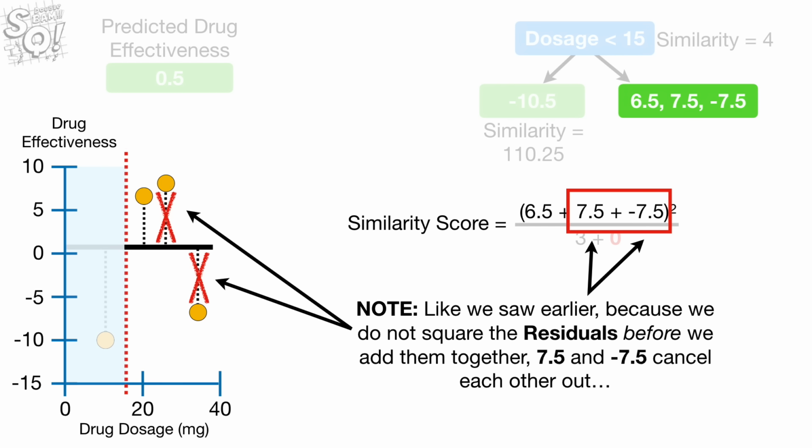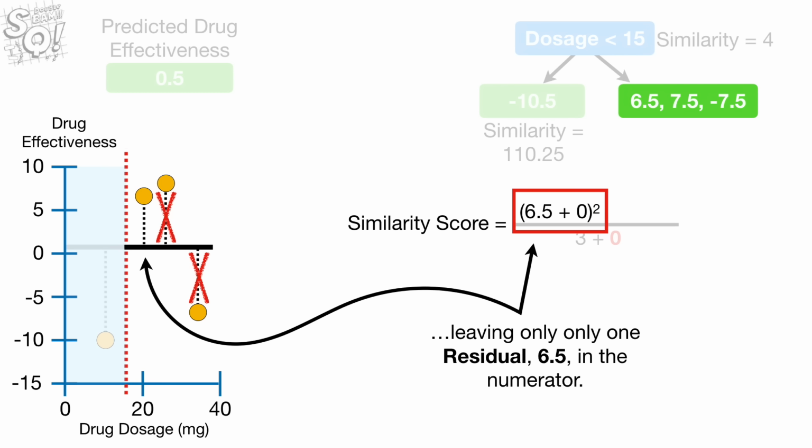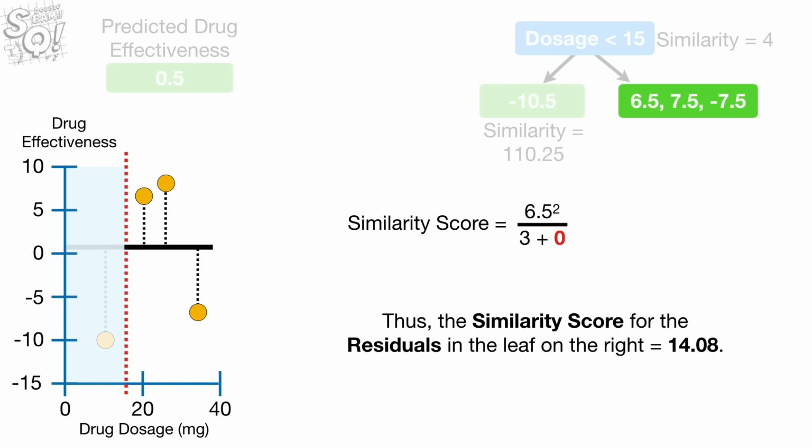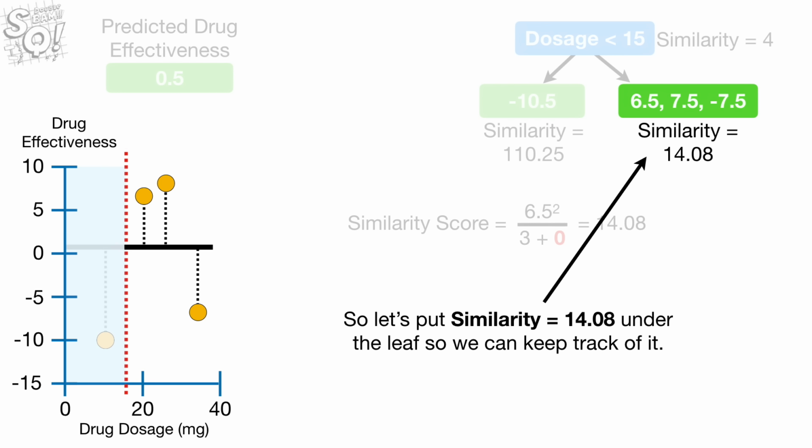Note, like we saw earlier, because we do not square the residuals before we add them together, 7.5 and negative 7.5 cancel each other out, leaving only one residual, 6.5, in the numerator. Thus, the similarity score for the residuals in the leaf on the right equals 14.08. So let's put similarity equals 14.08 under the leaf so we can keep track of it.